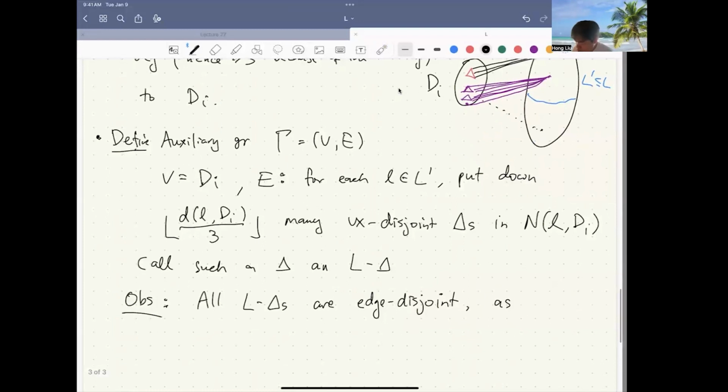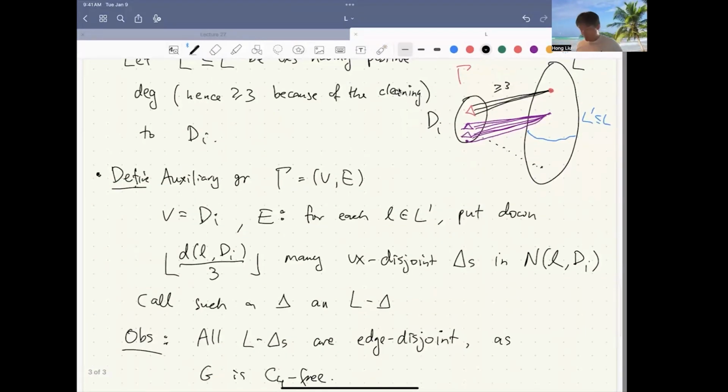As G is C4 free. Okay. We are sort of in the shape of applying the removal lemma in the contrapositive form. Remember, the removal lemma in the contrapositive form says that if, let's say the order is m, you have quadratic in the order of the graph many edge disjoint triangles, then in fact you have positive density of triangles.